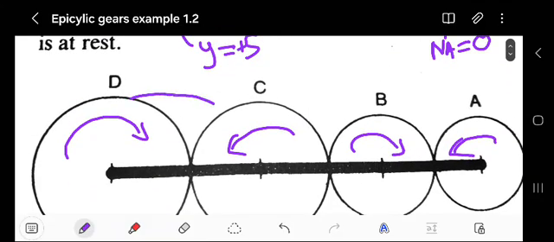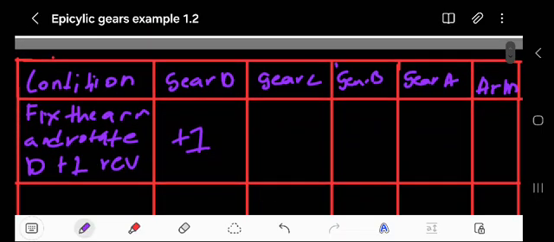Gear D meshing with gear C will be TD over TC. But now remember, C is rotating in the negative, anti-clockwise direction, which will be negative. So here we'll have TD over TC, but -1.